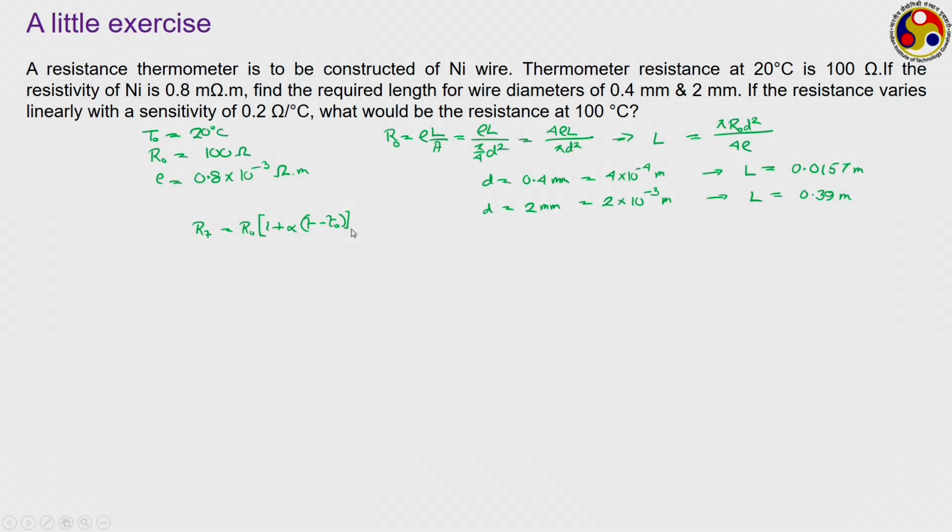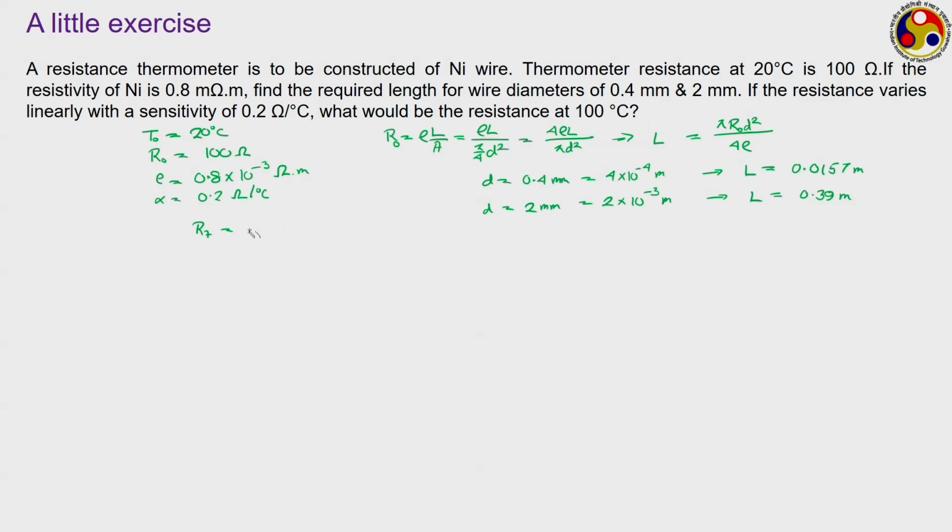Now in this case R naught is given as 100 ohm, and alpha, which is the sensitivity, is given as 0.2 ohm per degree Celsius. So actually I have written the relation wrong, because sensitivity is given in terms of ohm per degree Celsius.